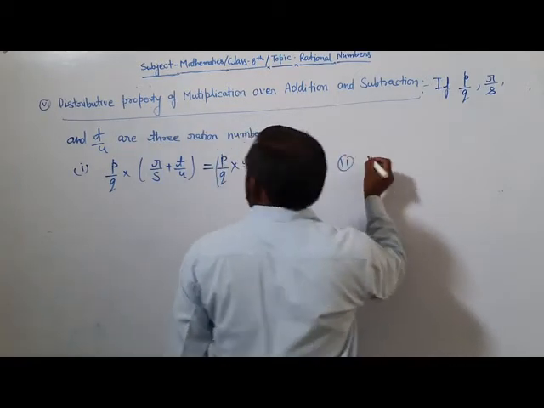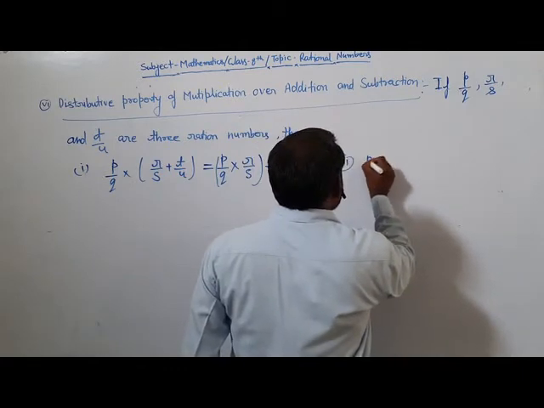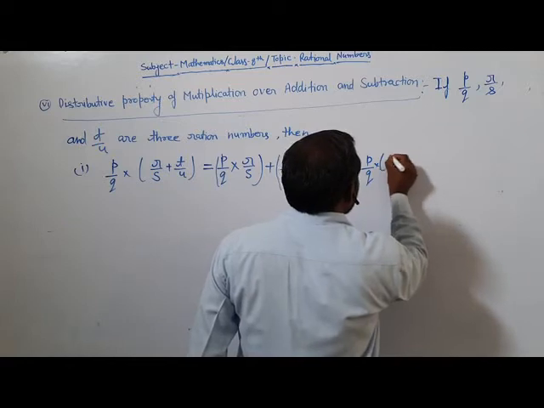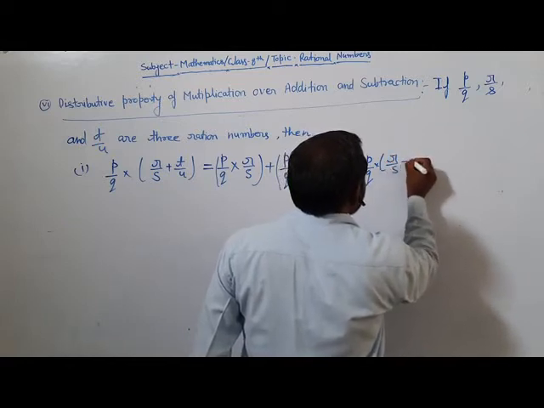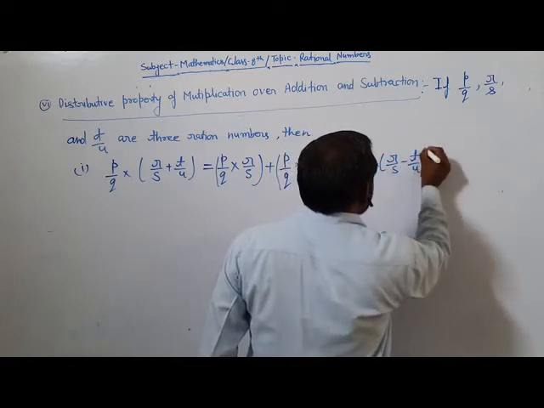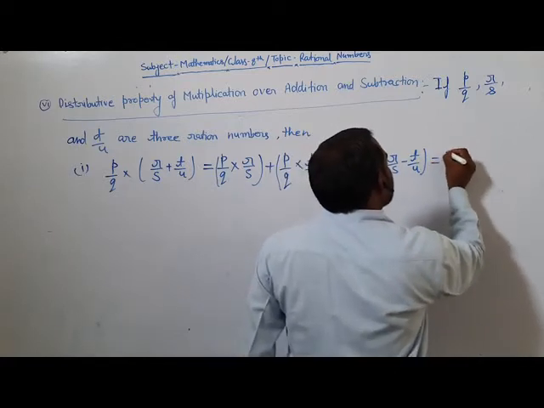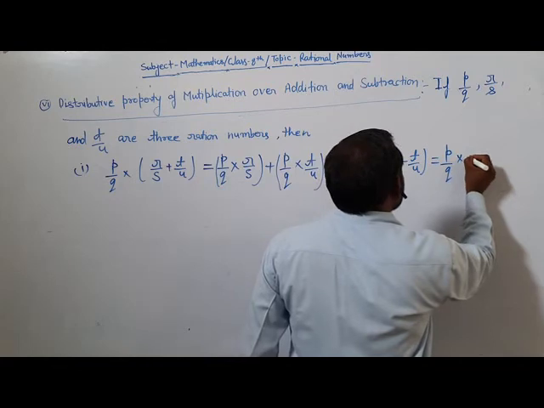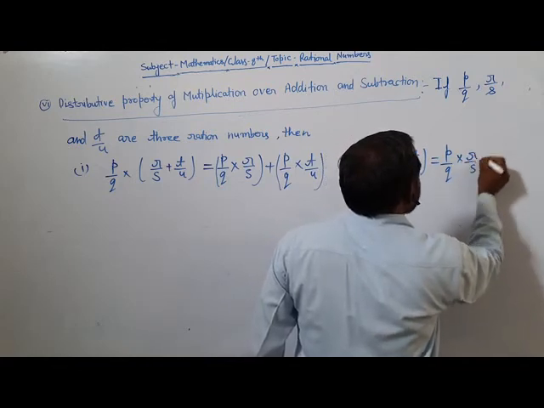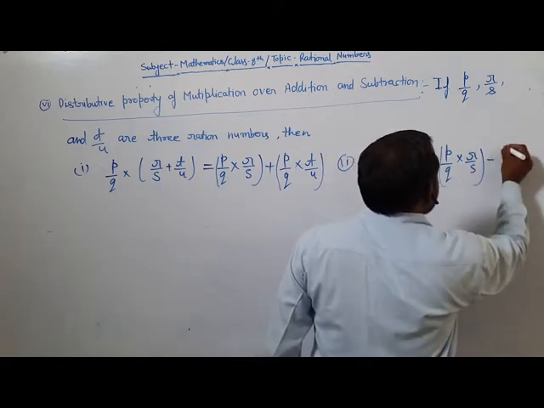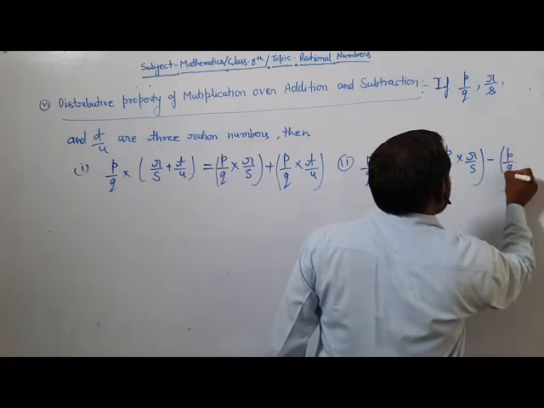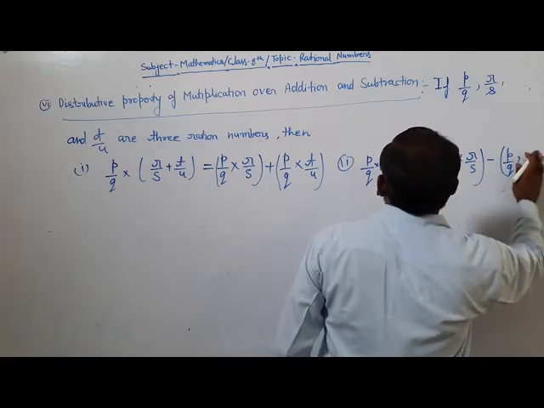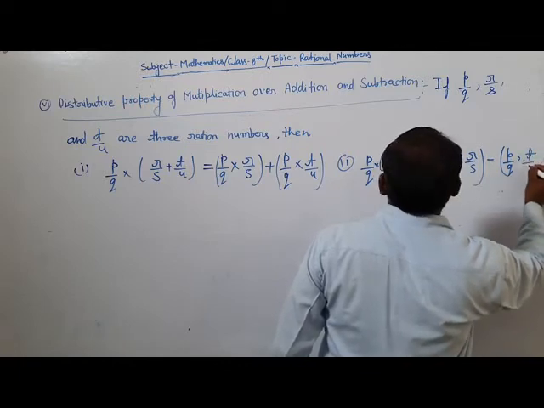Second, p by q into r by s minus t by u is equal to p by q into r by s minus p by q into t by u.